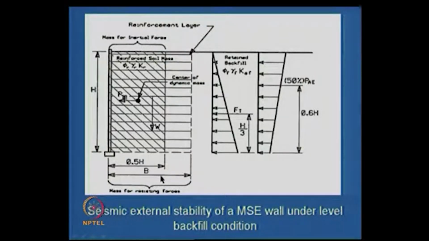This much soil participates in the movement, so this is PIR, and this is what you calculate. Then we assume that we take 50% of the PAE and it acts at a point 0.6 h. The static force acts at h by 3.